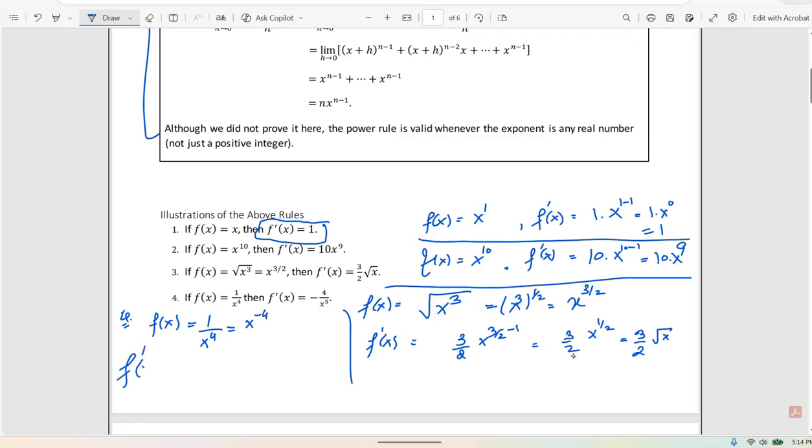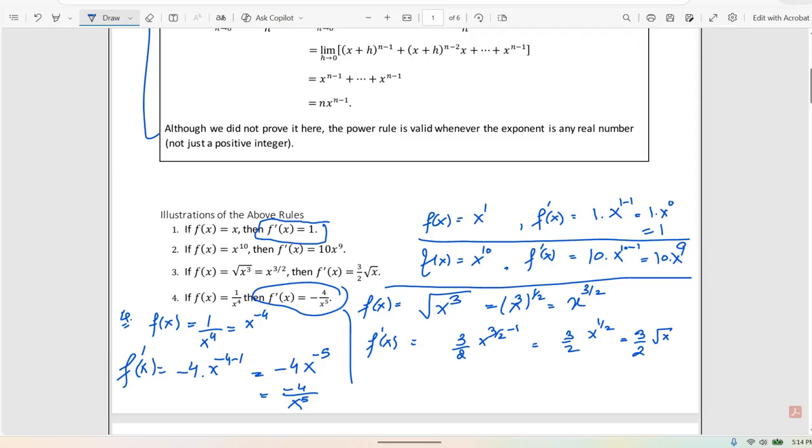So when you find the derivative of this, -4 comes to the front, x to the power -4 minus 1. -4 minus 1 is -5. That means -4 x to the power -5 can go down to make the power positive. That's why the derivative of this is -4 by x to the power 5.